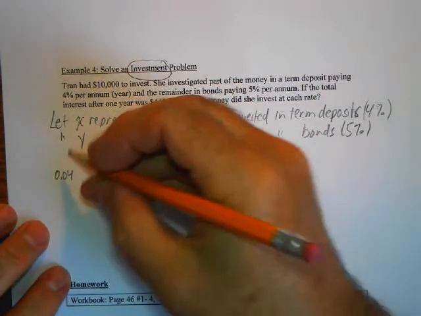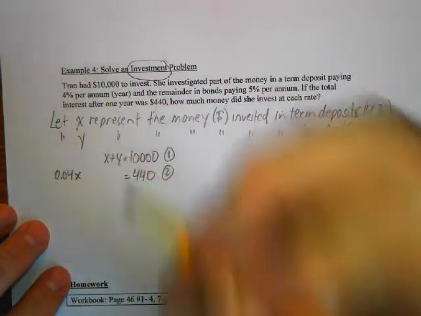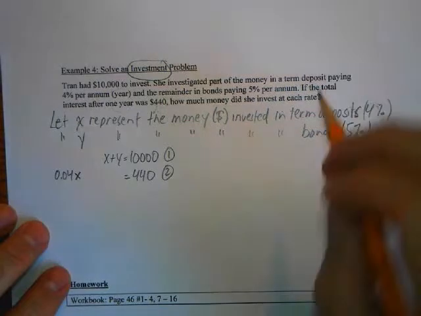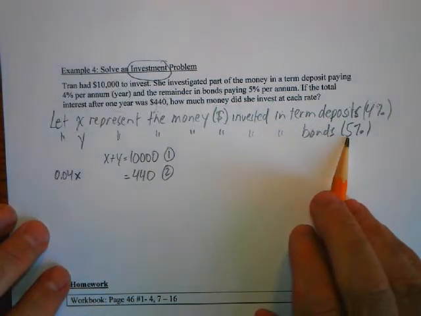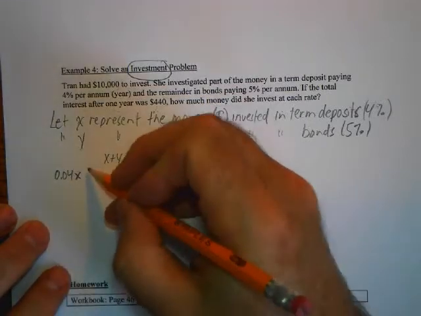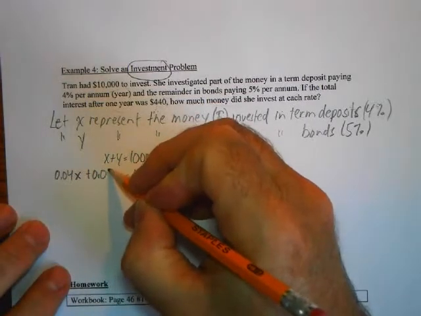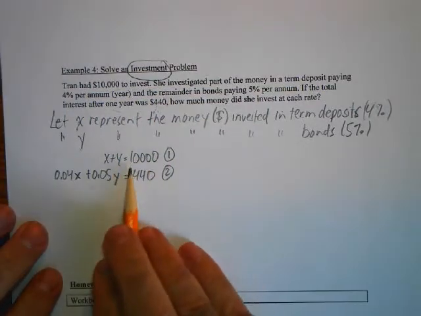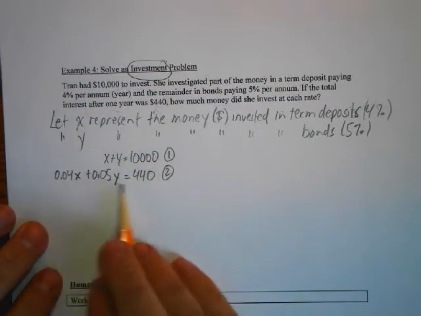So 0.04 times X, that's how much interest was made from term deposits. And for the bonds, I just change it to 0.05 for the percent, and then times Y. Okay, so there's the linear equation. This one's quite simple. This one's a little more complex.